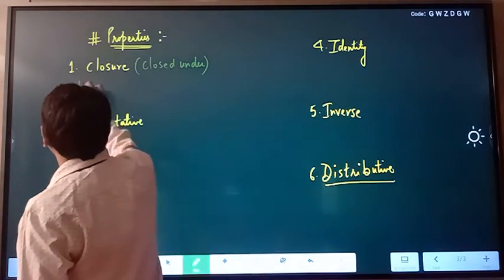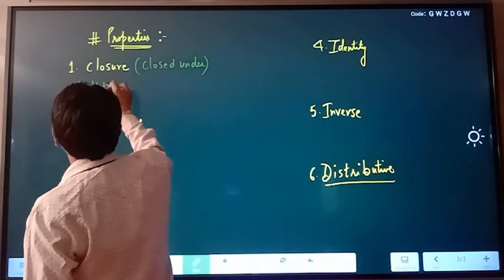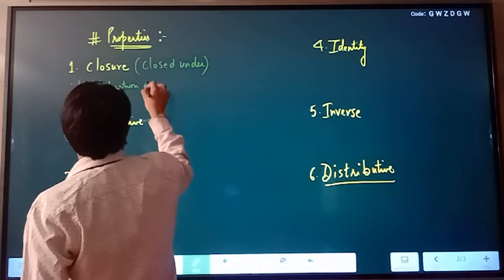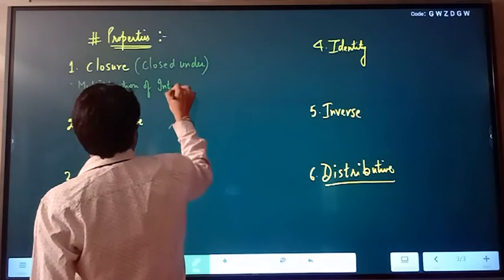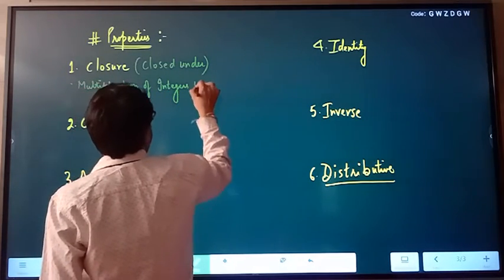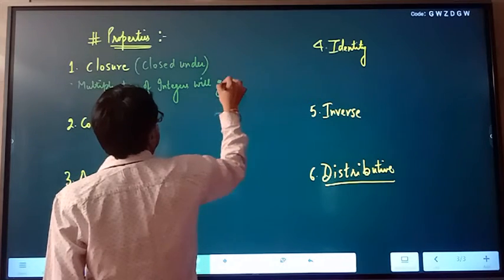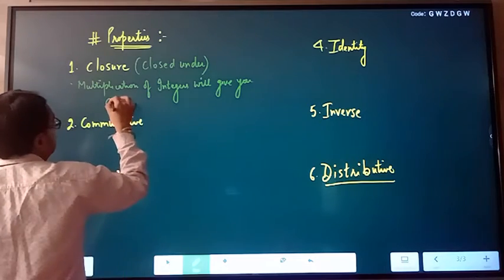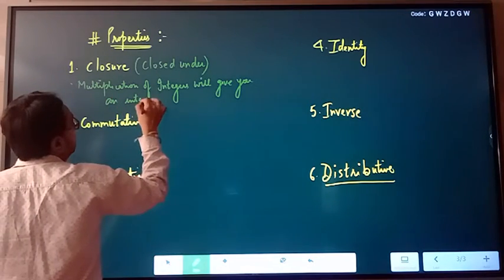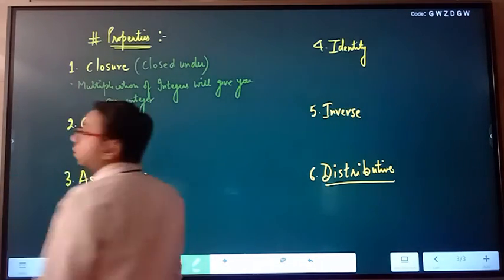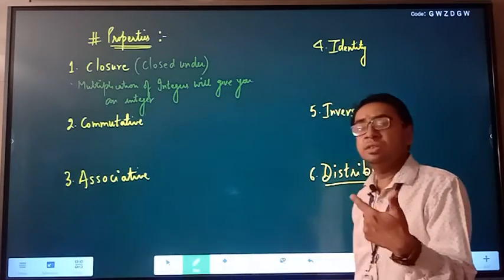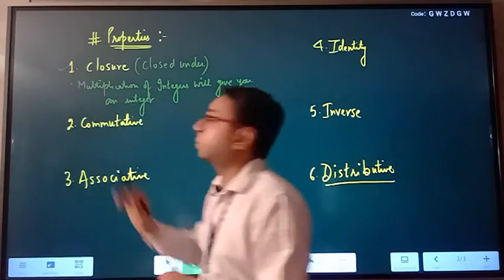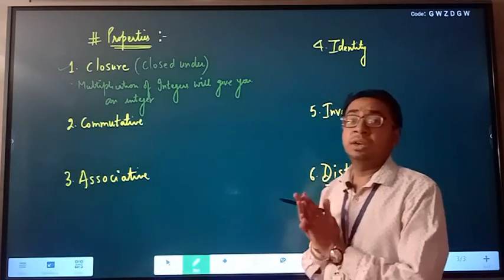So multiplication of integers will give you an integer as a result. Are we clear? That's quite obvious. 5 into 3 is 15. 5 is an integer, 3 is an integer, and 15 is also an integer. Closure property means multiplication is closed under integers.